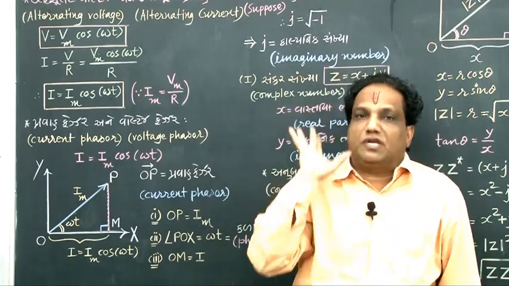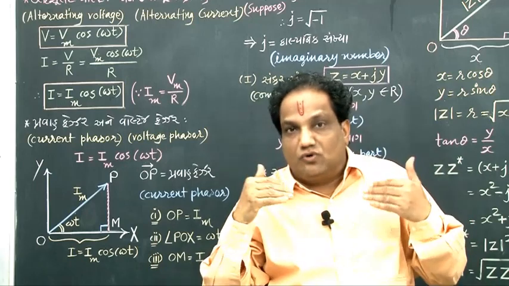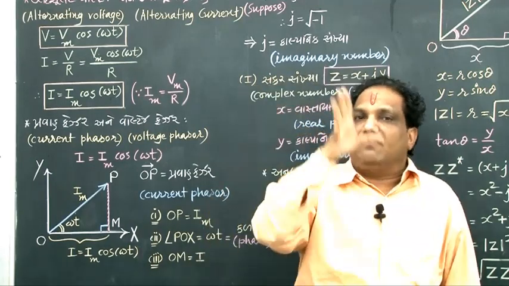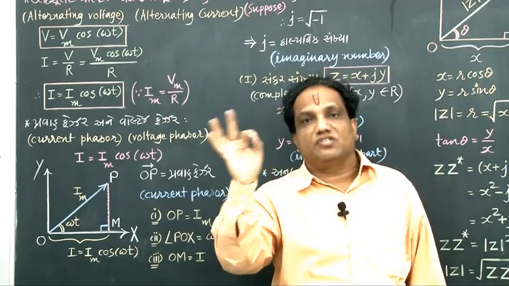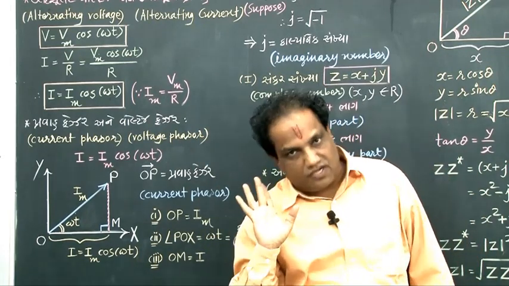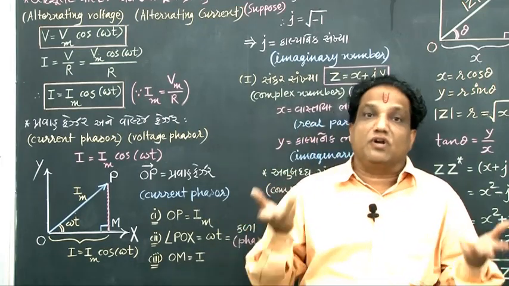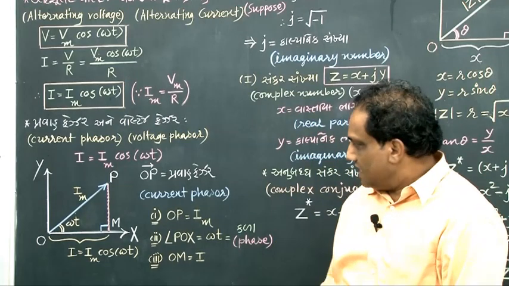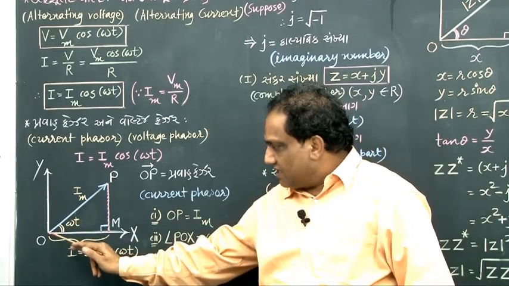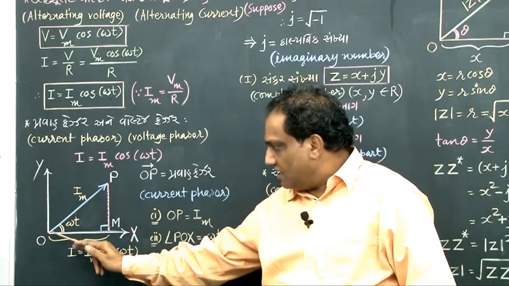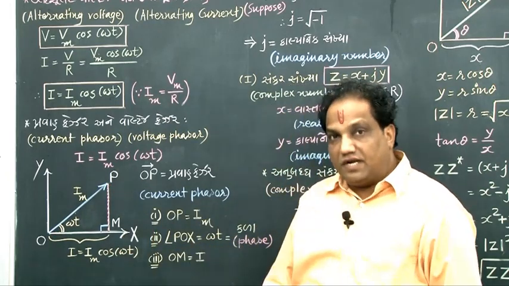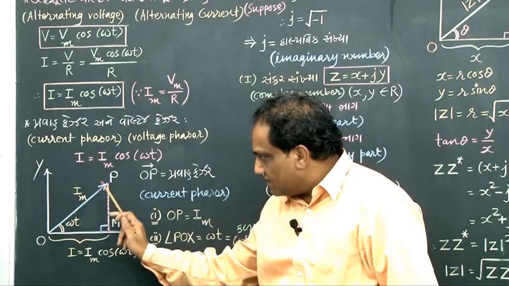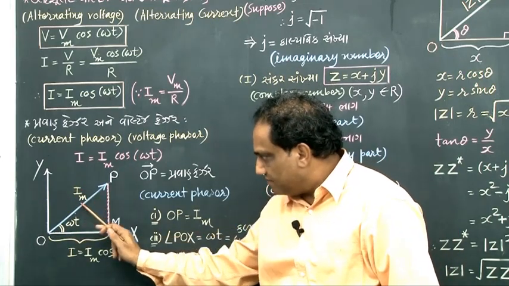Now for such oscillating quantity, we would like to represent its oscillations through some vector. That very vector is known as phasor or rotating vector. Now you may say, what is that sort of vector? I am showing you. Look. Consider one vector, say vector OP, correct? It is drawn in such a manner such that its length should be equal to Im.